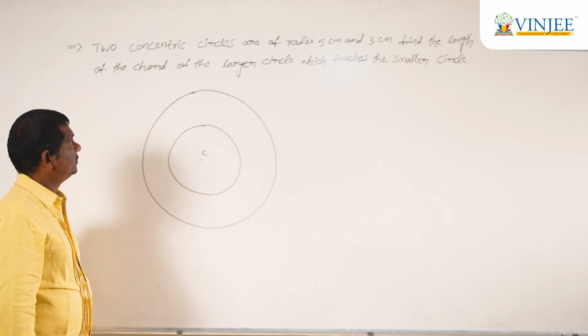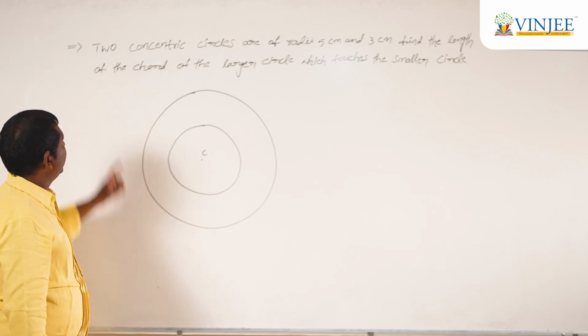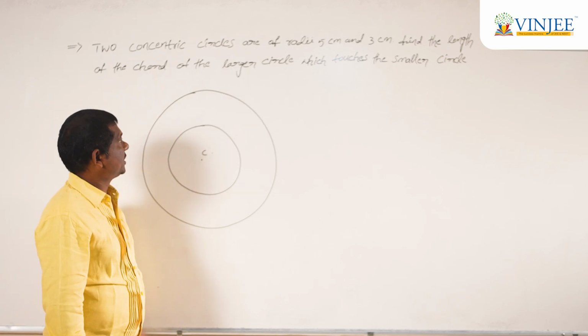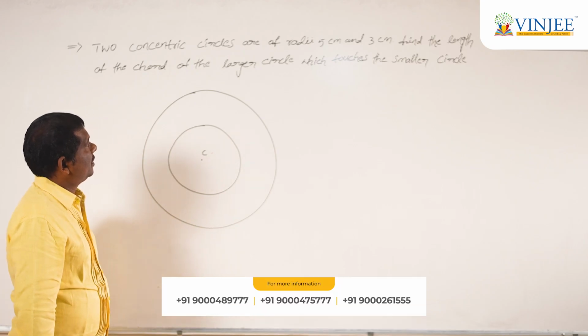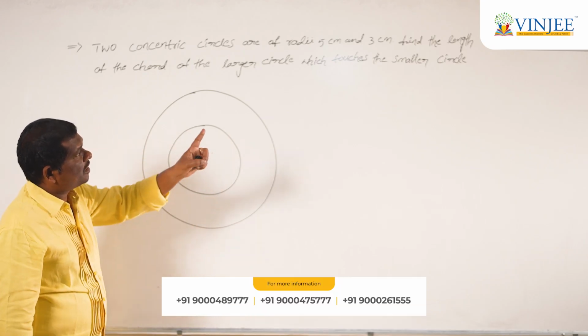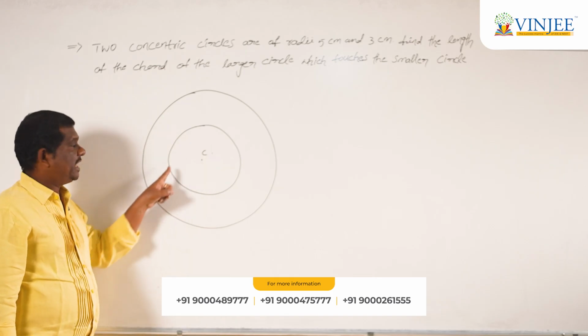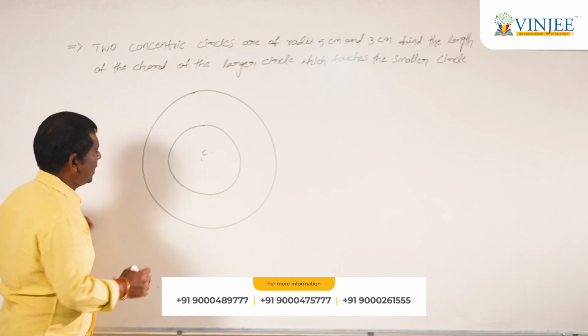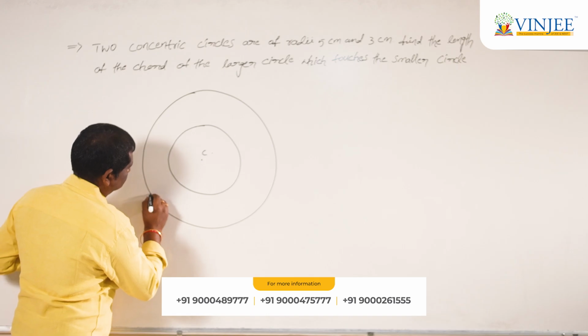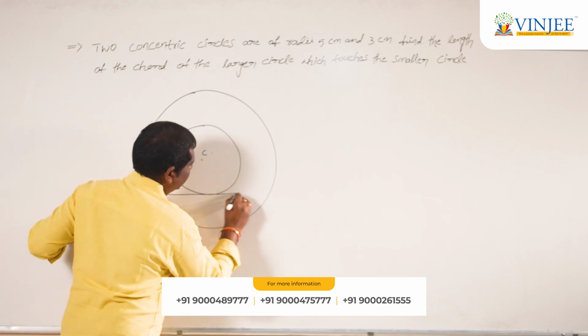Now here, find the length of the chord of the larger circle which touches the smaller circle. The chord of the bigger circle should be tangent to the smaller circle. Let us suppose we draw the tangent AB for the smaller circle.